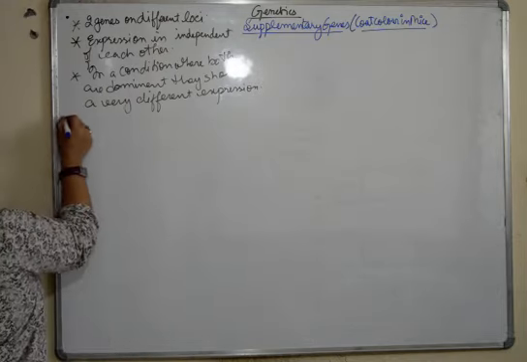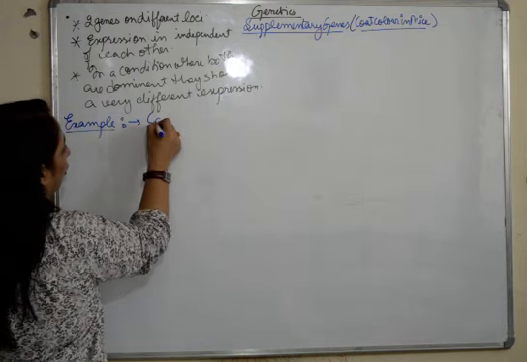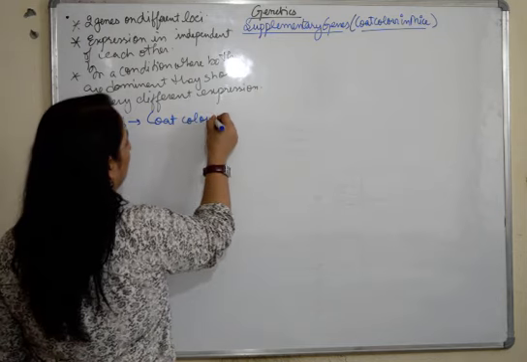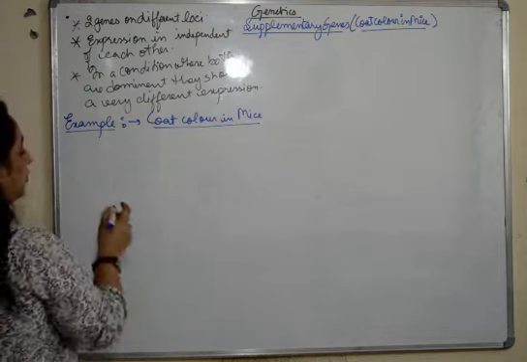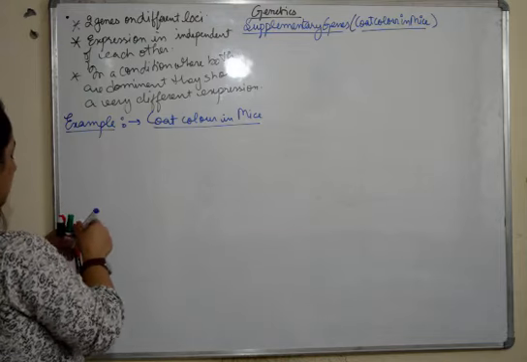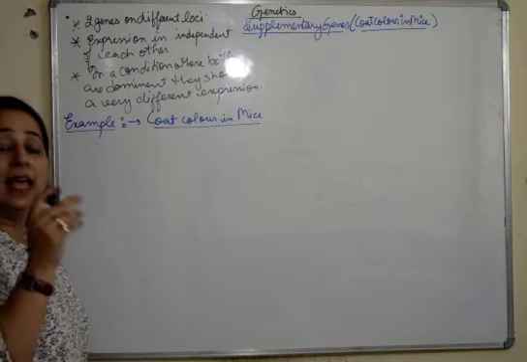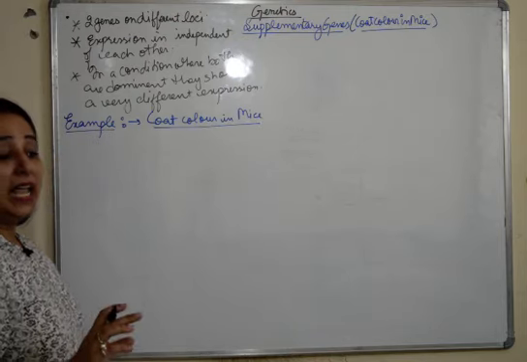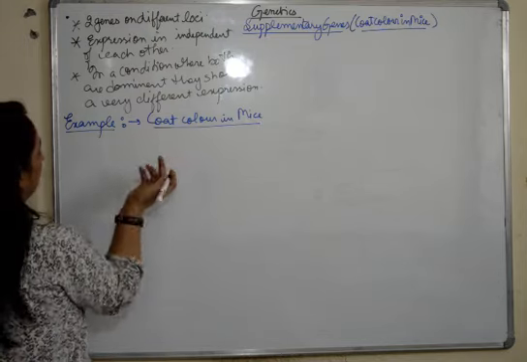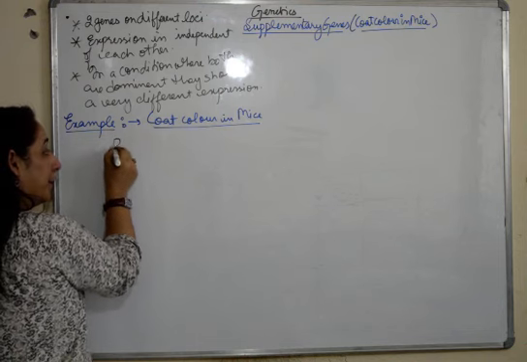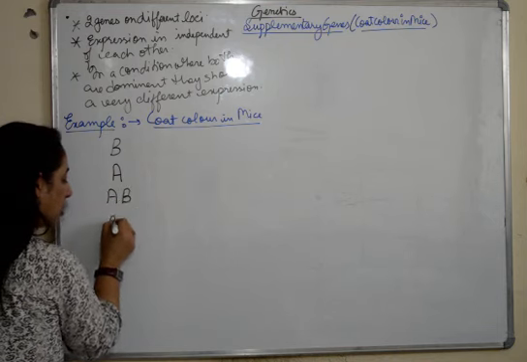The example we are going to take is of coat color in mice. The color can be black, it can be albino, it can be gray, and it also shows without color, albino. So B, A, AB and small ab.